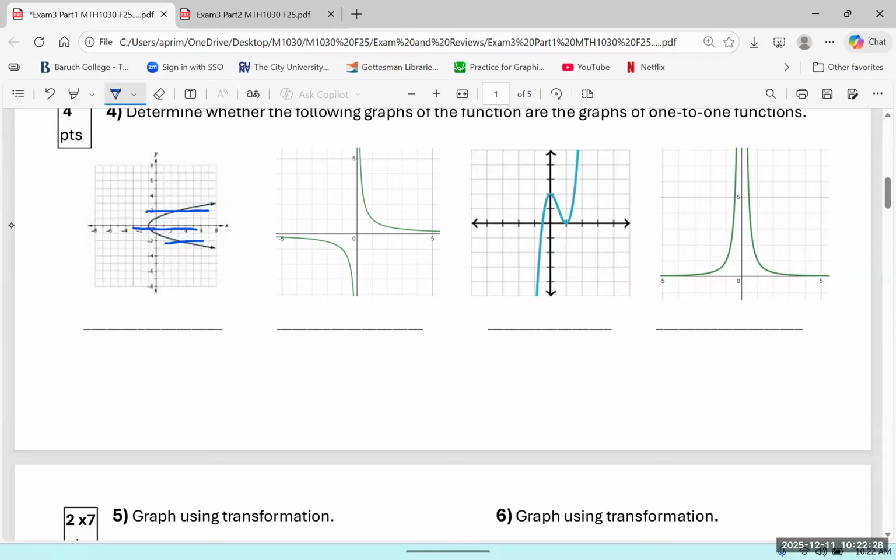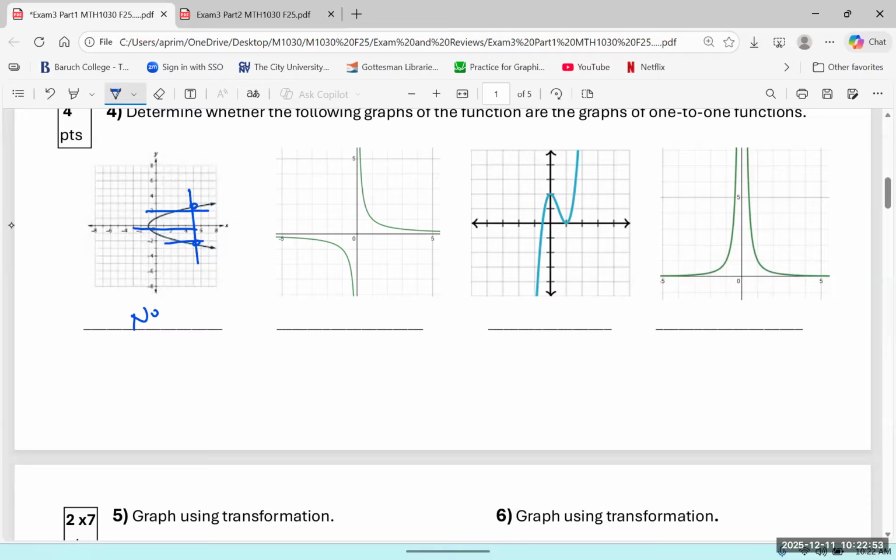One is vertical line test and then horizontal line test. Why? Because vertical line test will tell you whether it's a function or not. If it's not a function, there is no way it can be one-to-one function. So it fails vertical line test. So even if it passed horizontal line test, it doesn't matter because it failed the first one. So the answer is no, not yes.